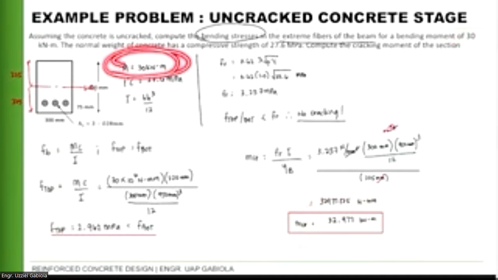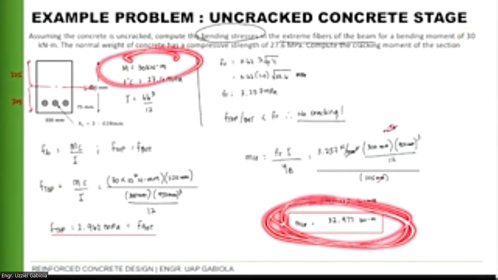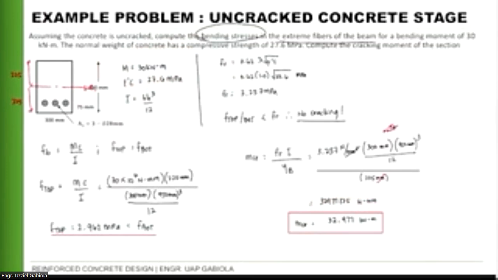It means that when 30 kilonewton meter is loaded on our beam, the tension side does not crack yet, because the capacity of the concrete itself is still sufficient to support the 30 kilonewton meter moment. That is why this particular concrete is experiencing the first stage of the process only.